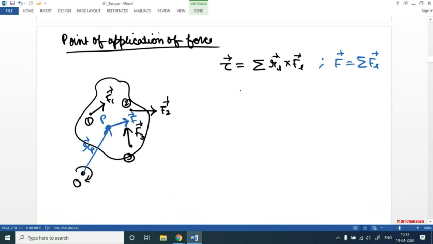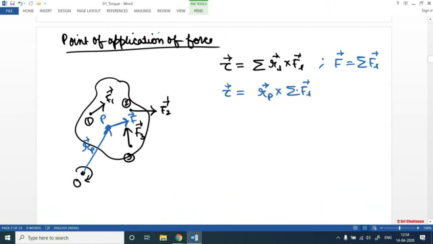So the same torque we can have using this point of application where we apply the net force. So this tau can also be written as Rp cross F net, or simply summation of Fi.